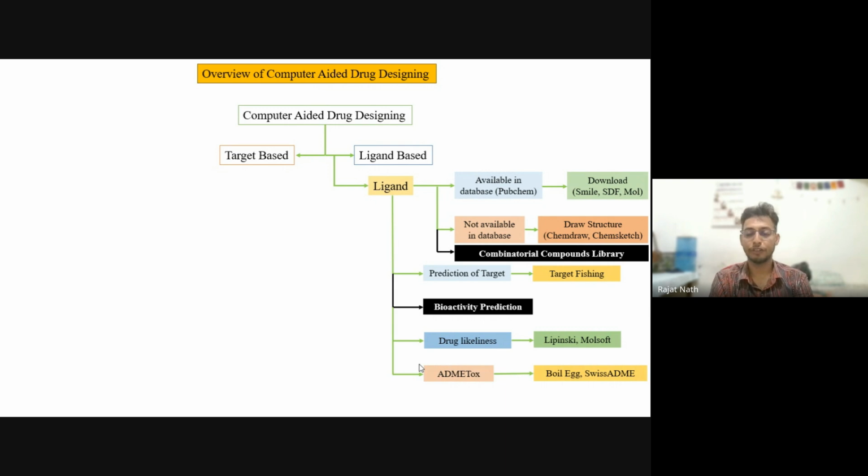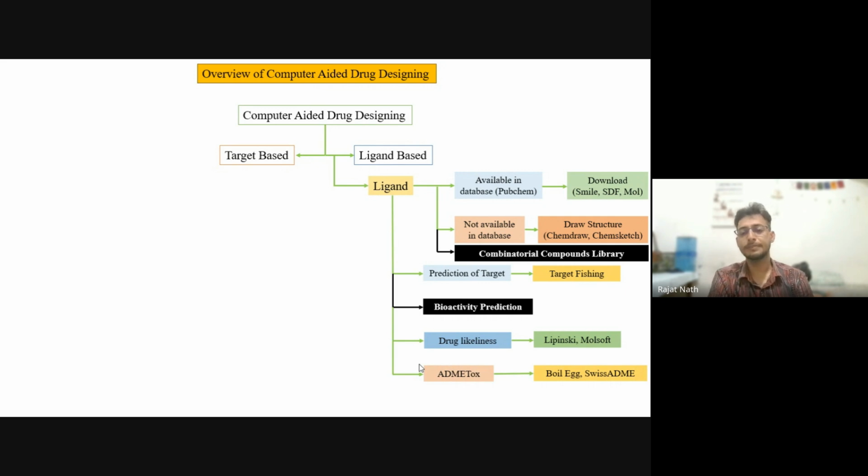Then comes metabolism. It is very important because after the work, this ligand should be metabolized and excreted out from our body. And in some cases, we deliver a big-sized compound into our body, then it gets metabolized, and the metabolite form of this compound shows the bioactivity.